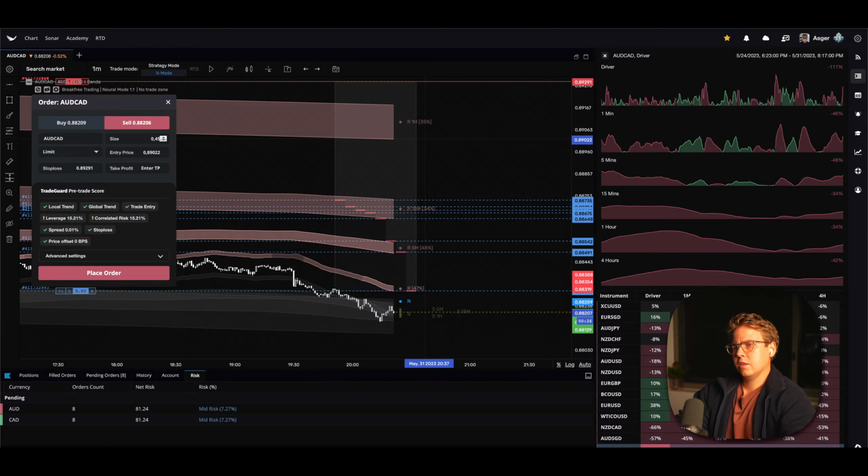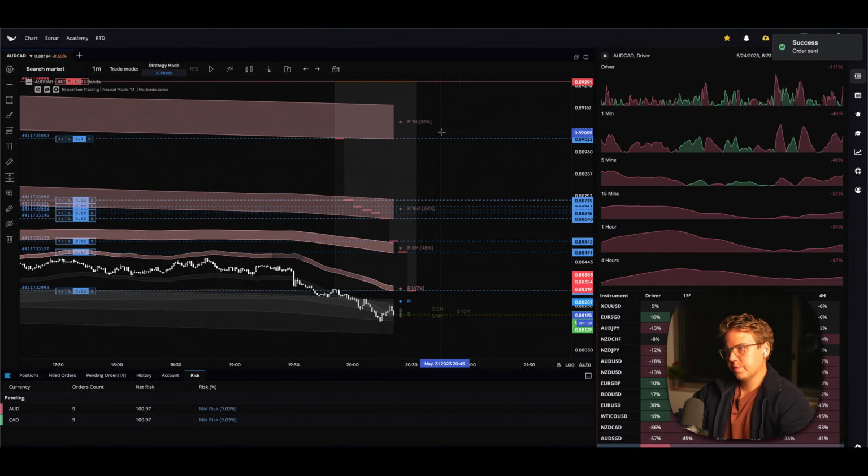Yeah, so that's good. So we need half a lot in this 1 hour zone, and we'll just scale it by 0.1 lot. So repeat.